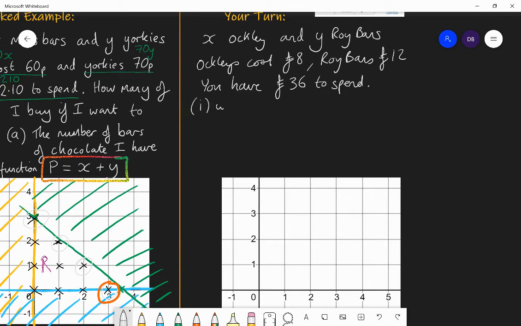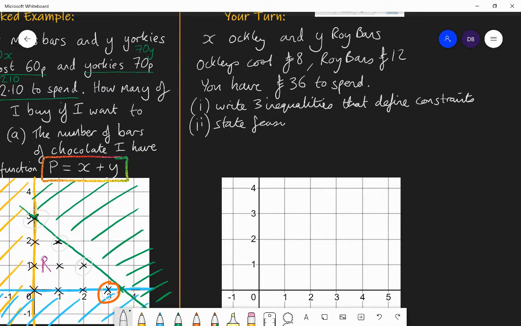Okay, so part 1: write 3 inequalities that define your constraints. Part 2: show the feasible region, indicating the feasible coordinates. So state feasible coordinates.